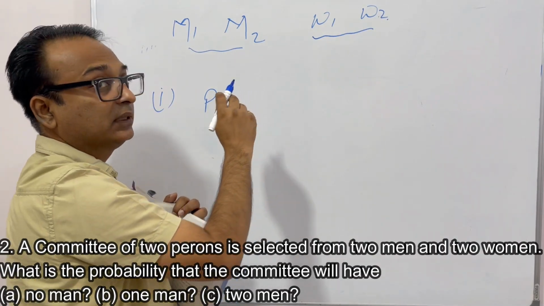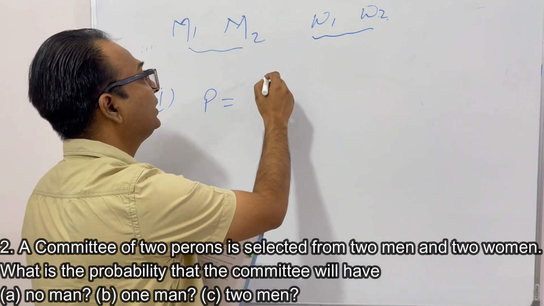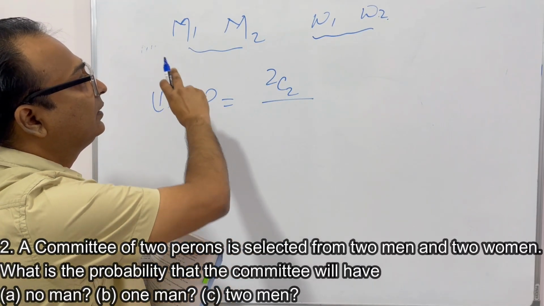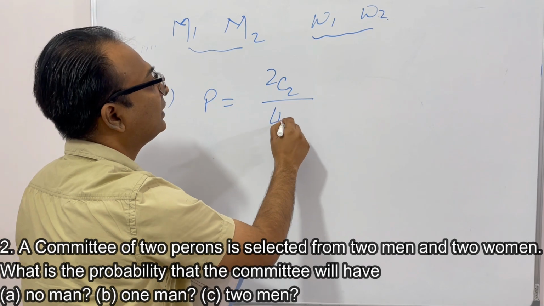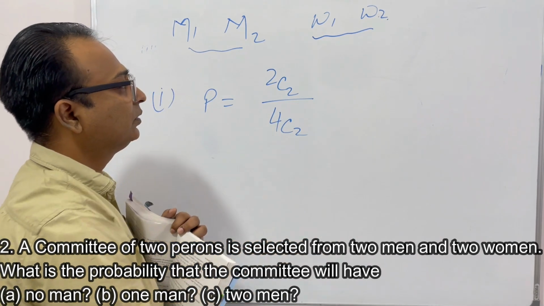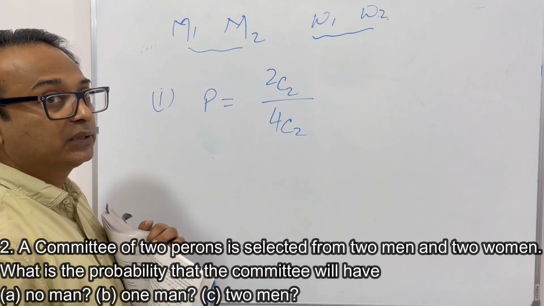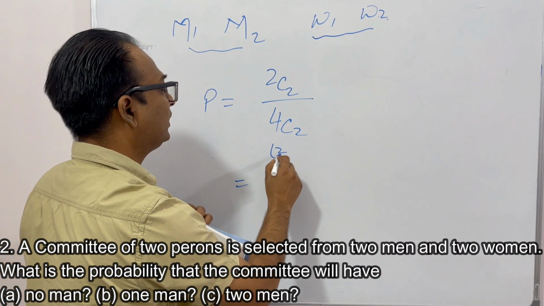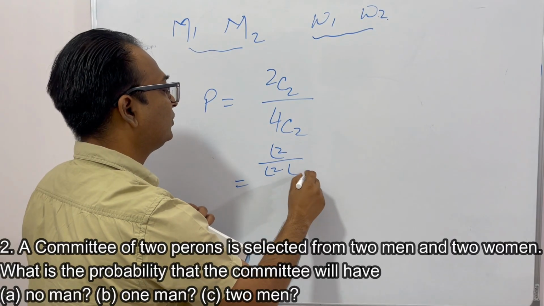From permutation and combination, we know this is 2C2 by 4C2, since out of 4 we are selecting 2. Let us find it. This is factorial 2 by factorial 2 factorial 0, since 2 minus 2 is 0.